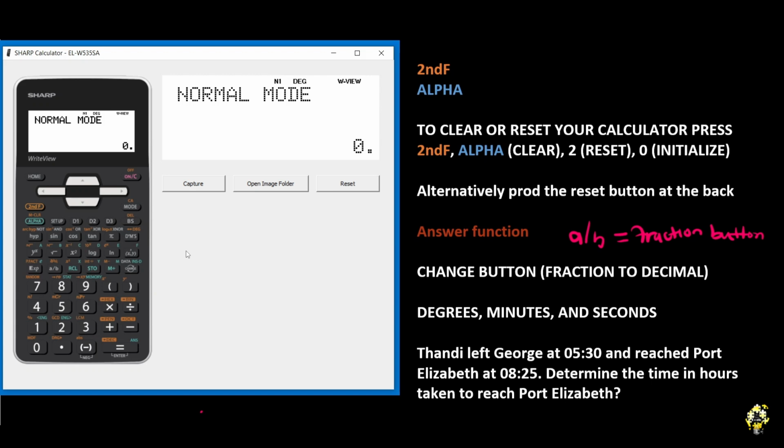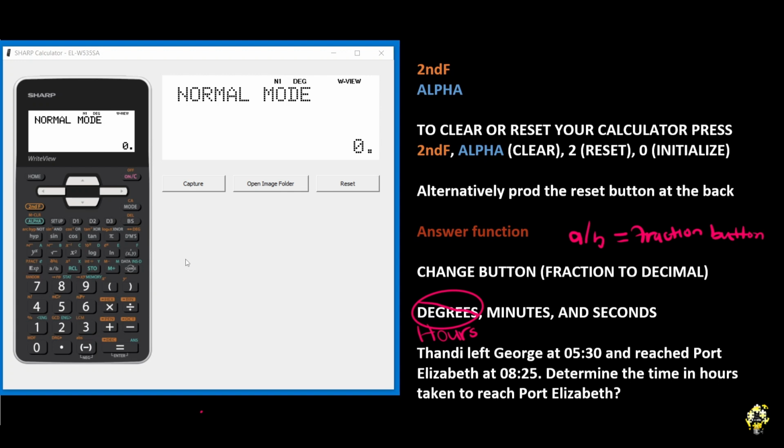Let me circle degrees and cancel that, and put what we know, and that is hours. So our calculator can do hours, minutes, and seconds. Using this DMS button, how does it do that?